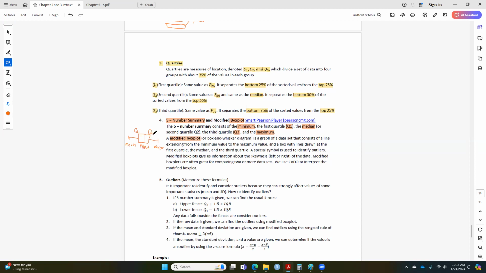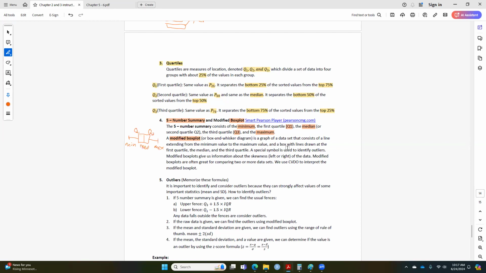This is what a modified box plot will look like, and it consists of the 5-number summary that we just talked about. Then it has a whisker going to the minimum and a whisker on the other side going to your maximum. What is this box plot used for?